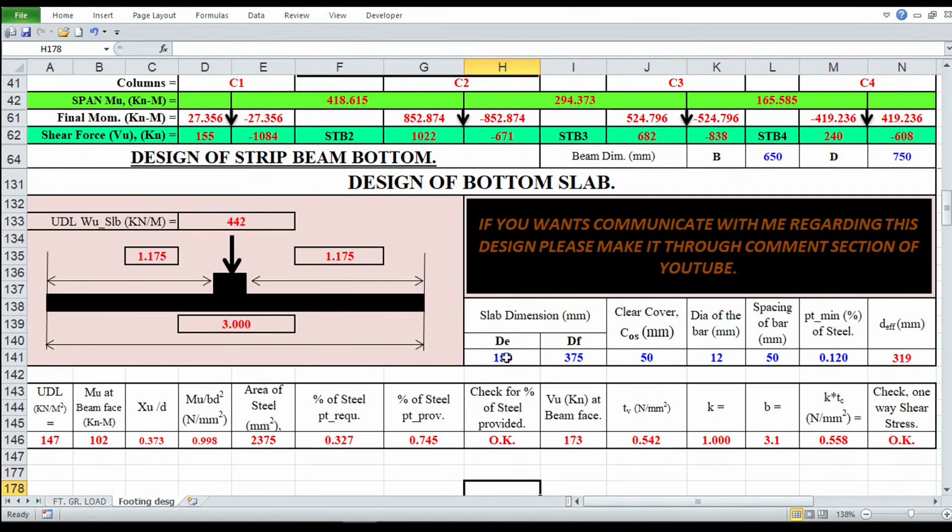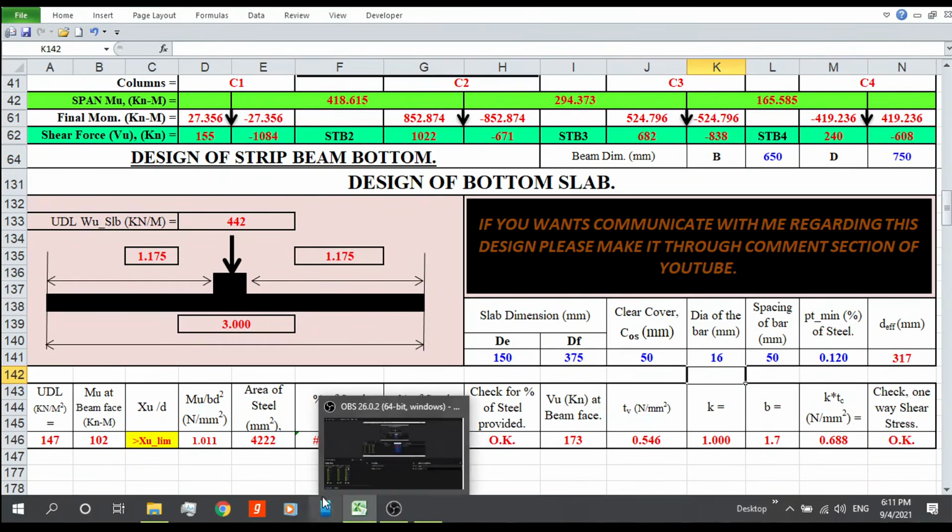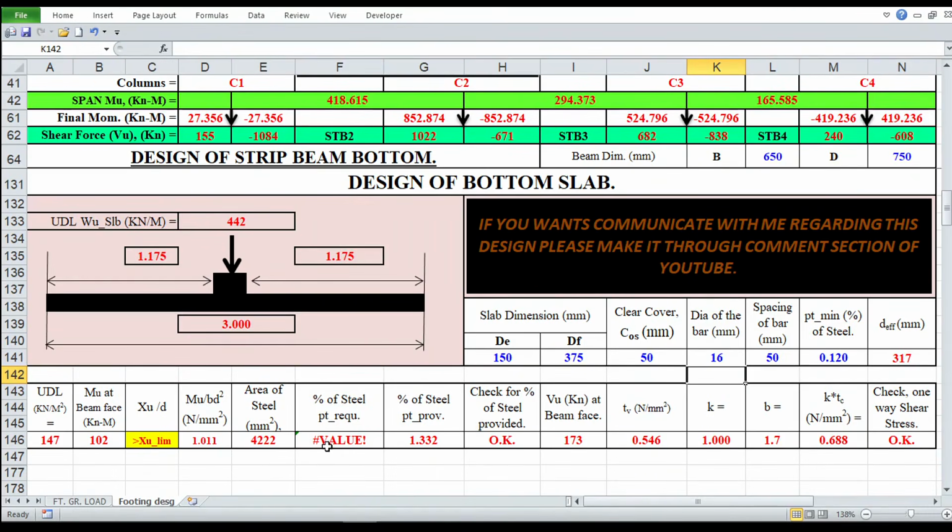Here DE, the thickness at the end, is equal to 150, and at the column at the beam face it is 375. If we reduce this value, what will happen? Design is not okay. Undo. If we change it to 16, the percentage of steel required will cross the maximum limit, PT limit max.